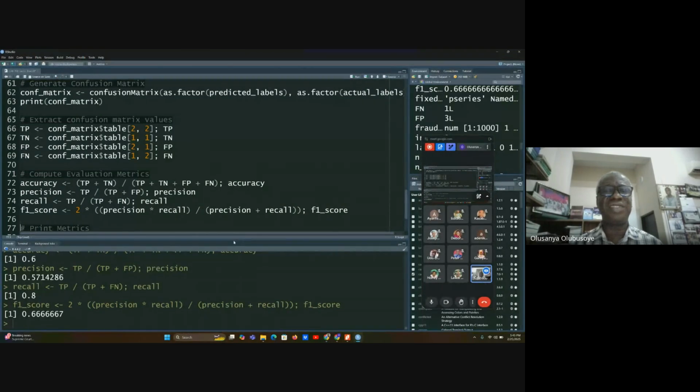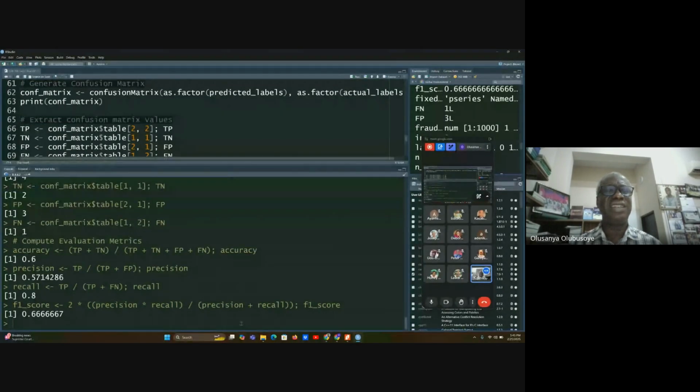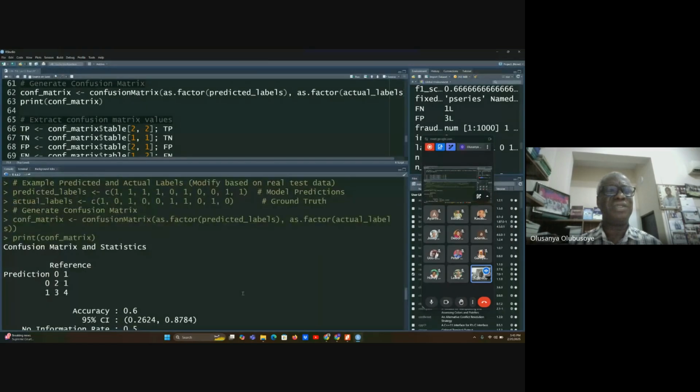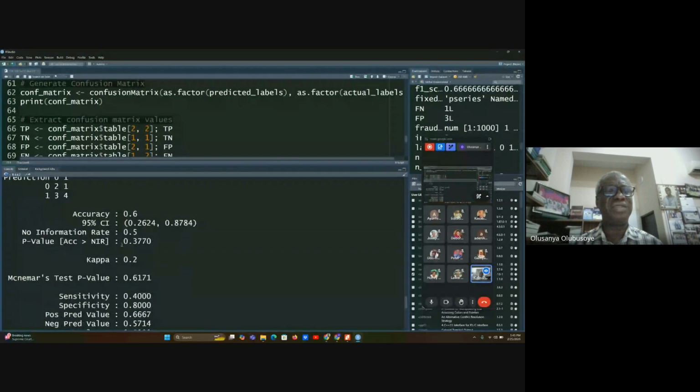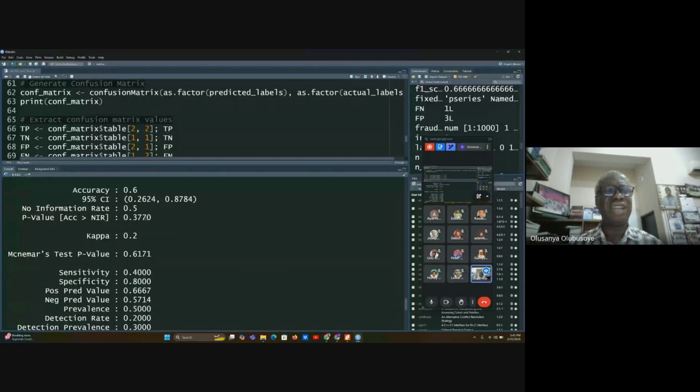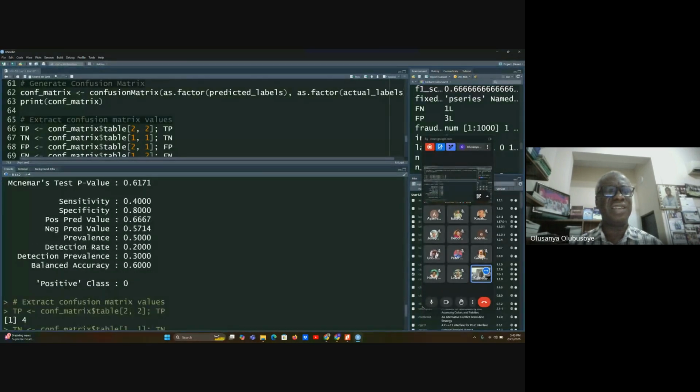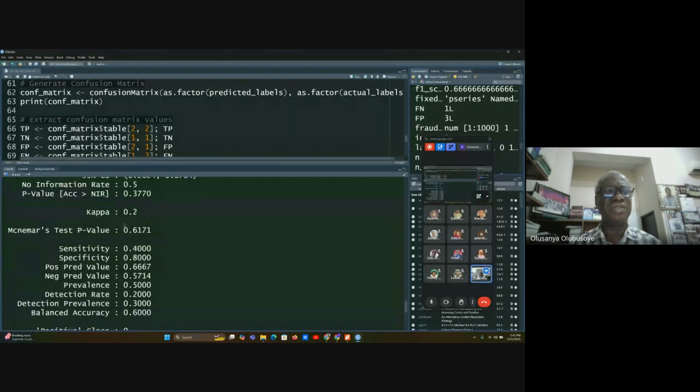Interestingly, these results are also provided when you run this function. After you generate the confusion matrix, this is the result. So you have the accuracy. There are other measures that we have not discussed.